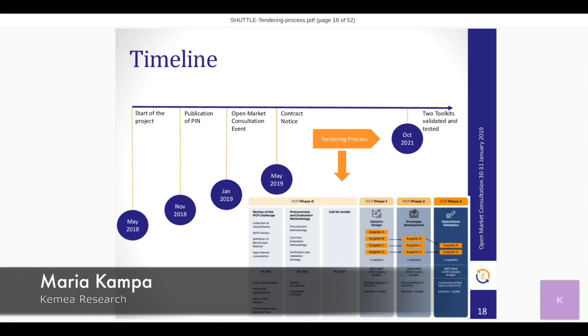We had an open market consultation event in January 2019 in Paris. And it is expected to have a contract notice in 2 months, in May. The tendering process will continue until October 2021, where at the end of the tendering process we will have two toolkits validated and tested.